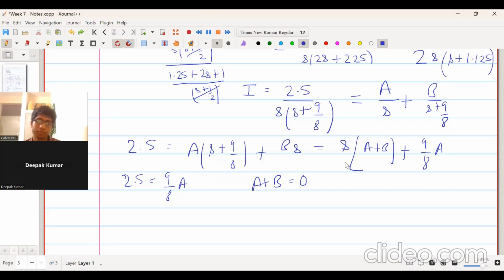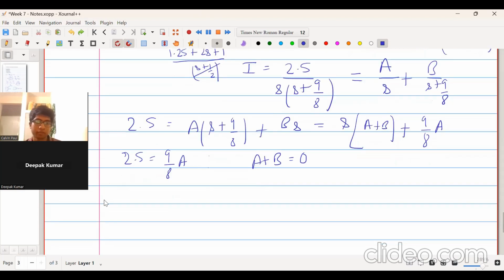Okay, that also is a method, but this also is the same, it gives the same value. So this becomes 5 by 2 is equal to 9 upon 8 A, or A is equal to 5 into 2, 5 into 8 over 9 into 2. That is equal to 20 upon 9. Is this fine?